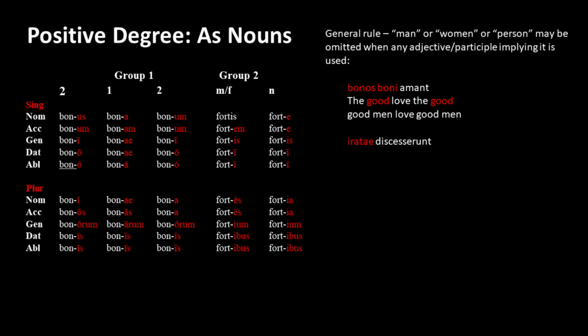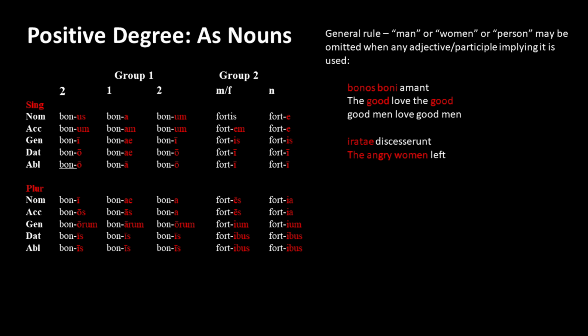Iratae discesserunt. I've translated that as the angry women left. And you see, iratae, it does mean angry women, doesn't it? What else could it mean? It's nominative, it's feminine, and it's plural. Therefore, it already contains the idea of women who are angry, doesn't it?